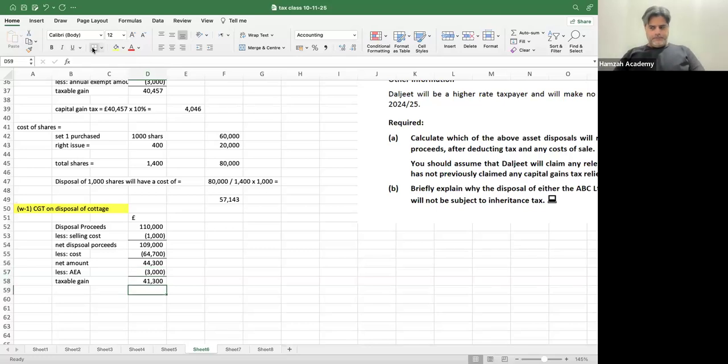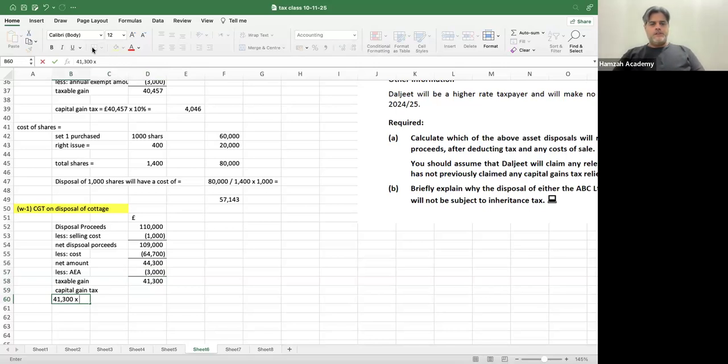Then the capital gains tax on 41,300. Diljit is a higher rate taxpayer, and this is the disposal of a holiday cottage.